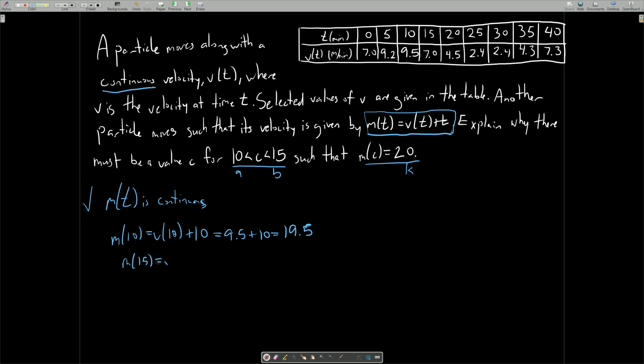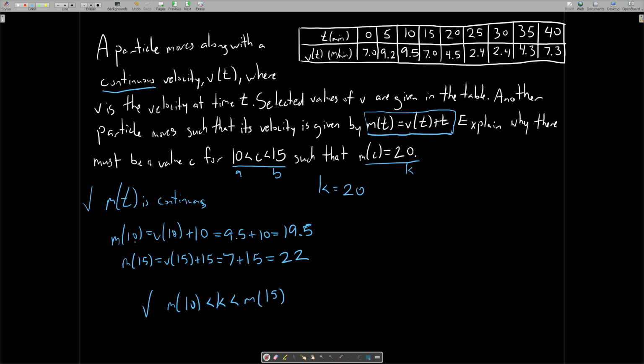That's your b. That's v of 15 plus 15. If you look at 15 in the table, you have 7. That's 7 plus 15, which is 22. Now note that 20 is between 19.5 and 22. So your k is between m of 10 and m of 15. That's your second condition.